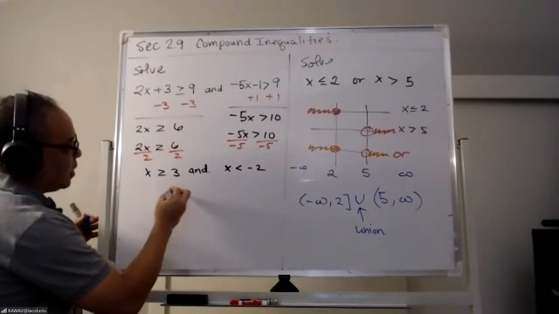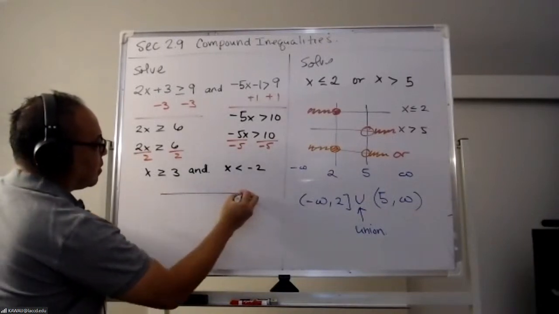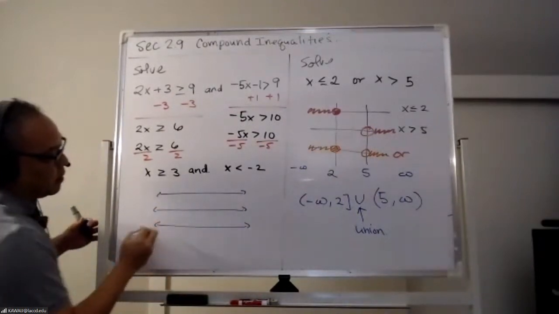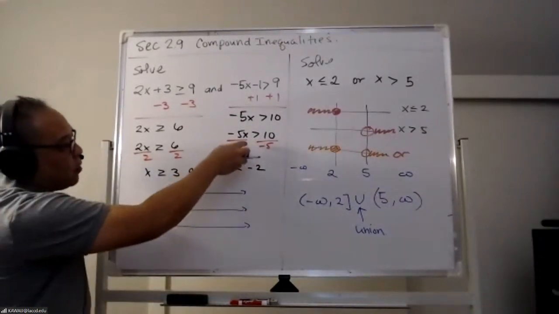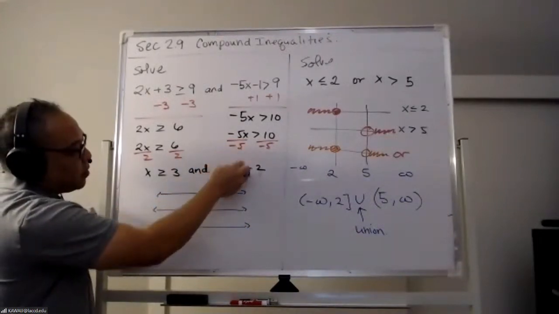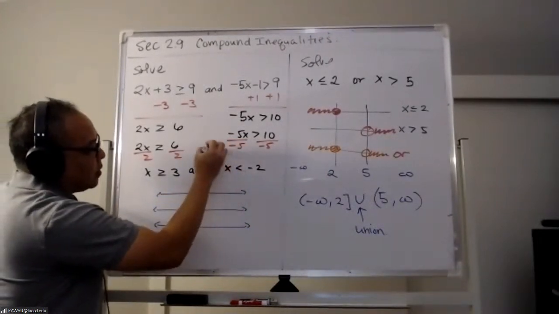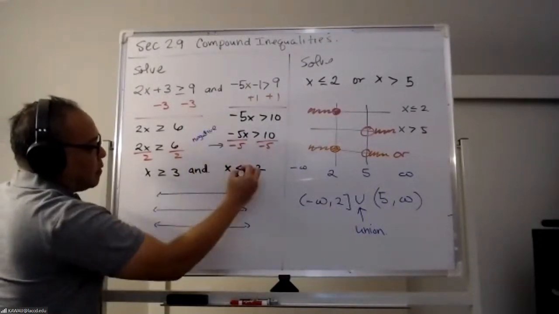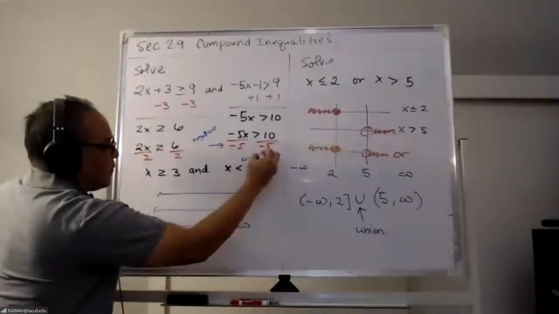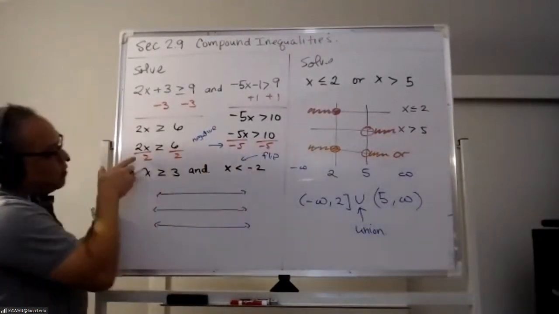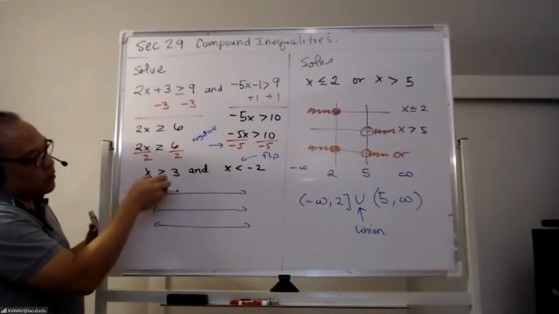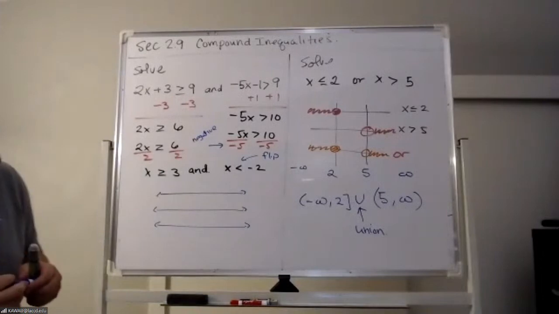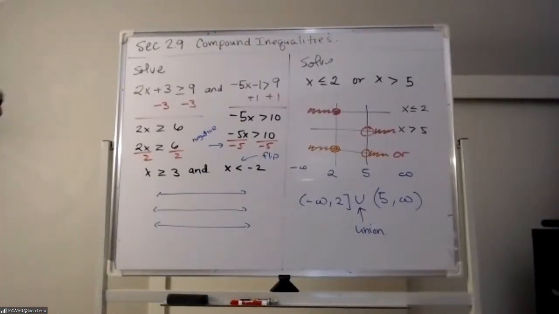Let me emphasize the trick here. Remember that when we divide by a negative number, we have to flip it, right? So because this is negative, you have to flip this. When we're dividing by a positive, we just keep it the same. Okay. So go ahead and now do the "and" part.